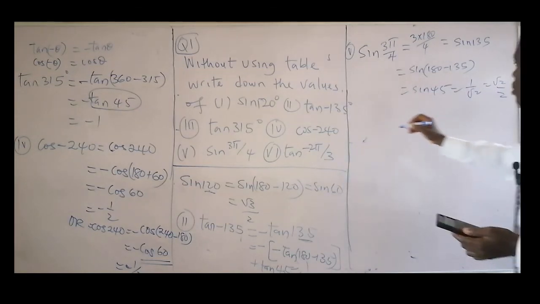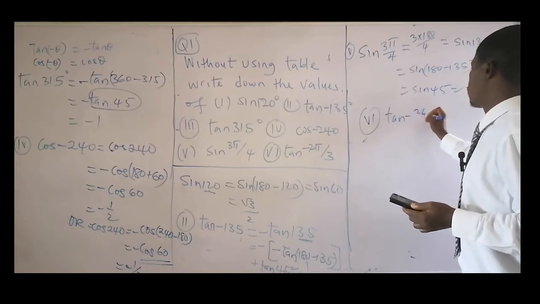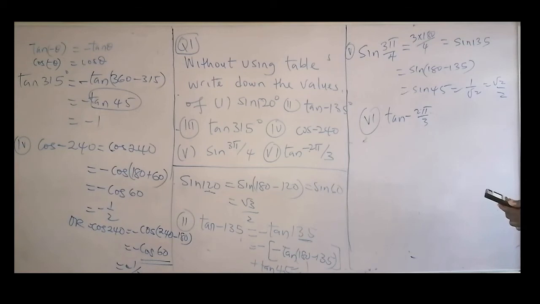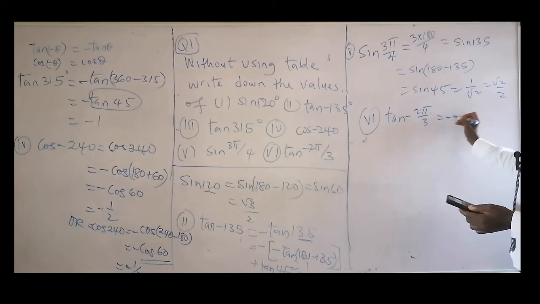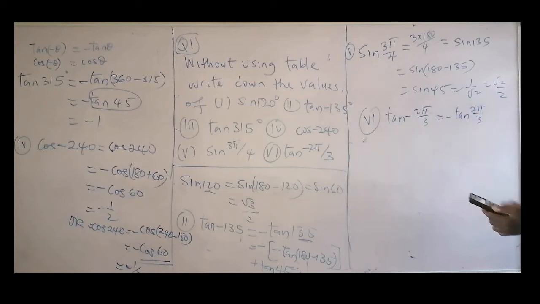And the last one, tan minus 2 pi over 3. That will be equal to minus tan 2 pi over 3. So 2 pi is 360, 360 over 3, that's tan 120.